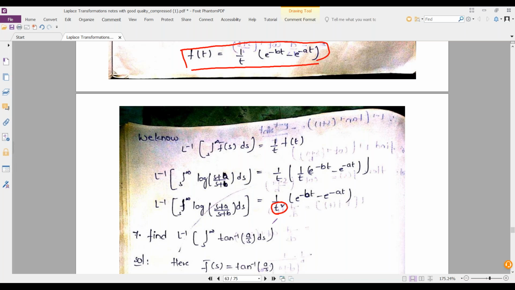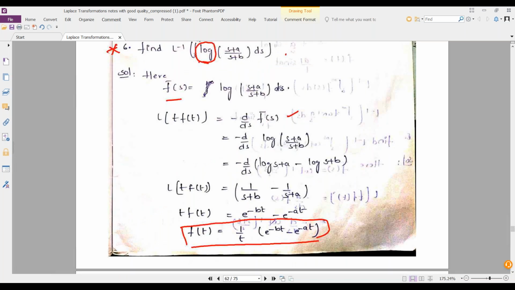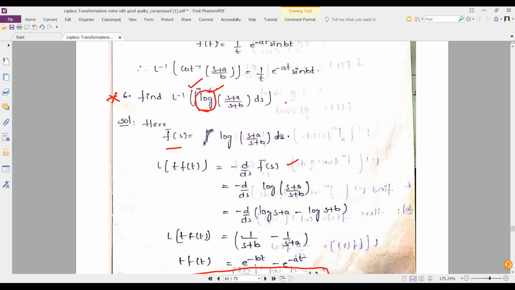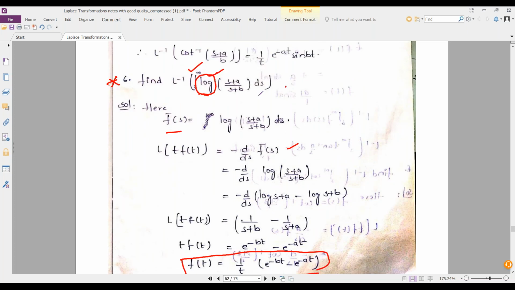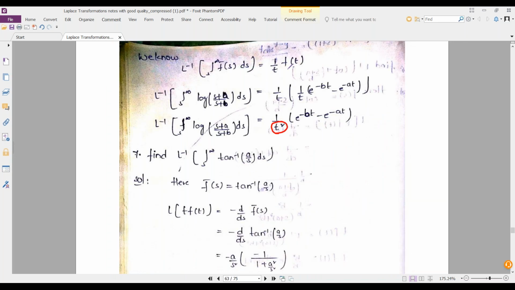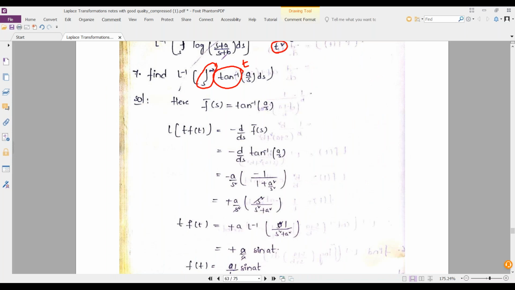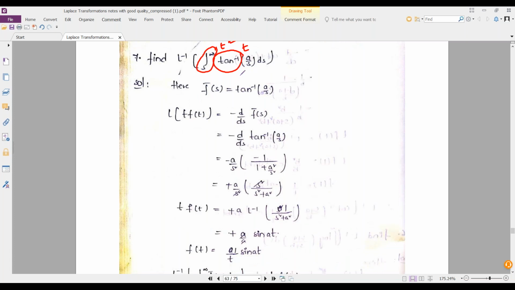One t is from here, one t is by eliminating the log, one t is by eliminating the integration. That's the reason we are going to get t square. The rest of the procedure is the same. So t square will be there in the denominator.